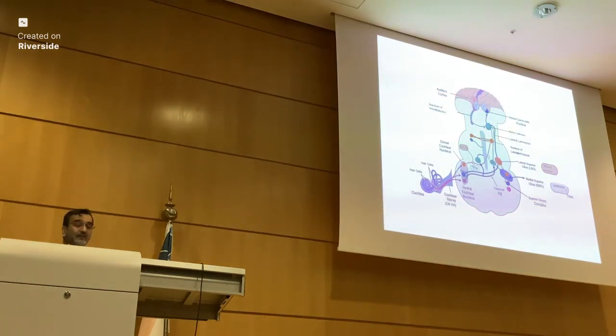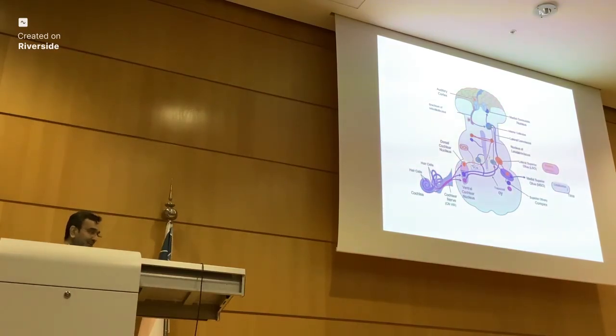From the nucleus of lateral lemniscus, they would join other fibers to become the lateral lemniscus, and they will go to the inferior colliculus, and from the inferior colliculus to the medial geniculate body, and then to the superior temporal gyrus, where the auditory cortex is.